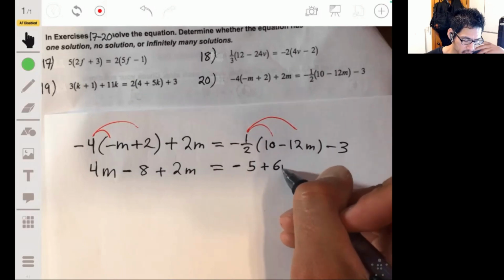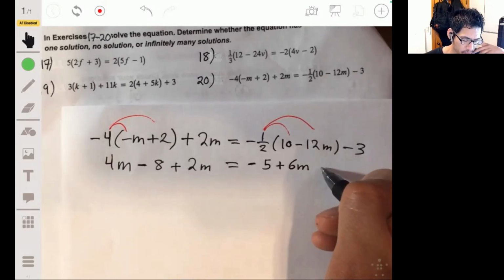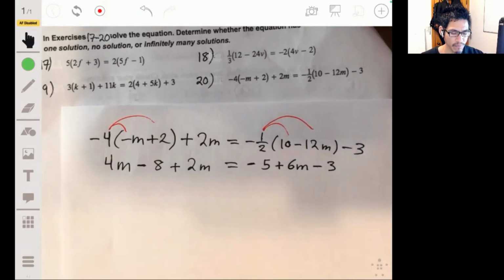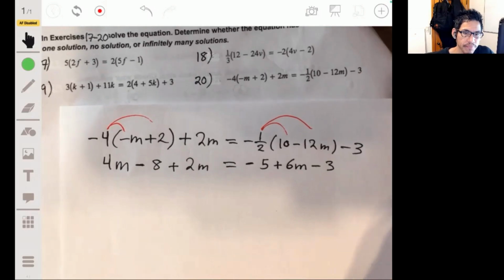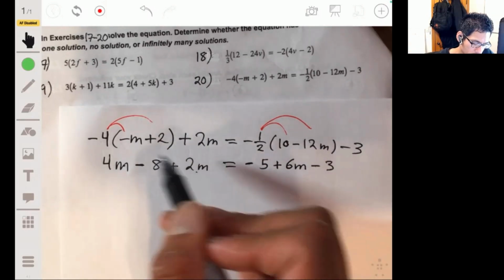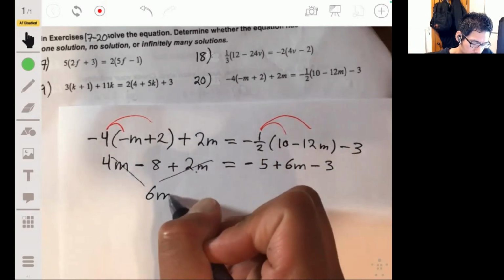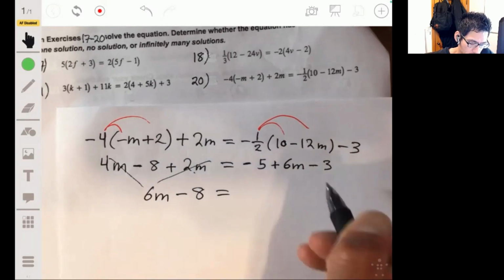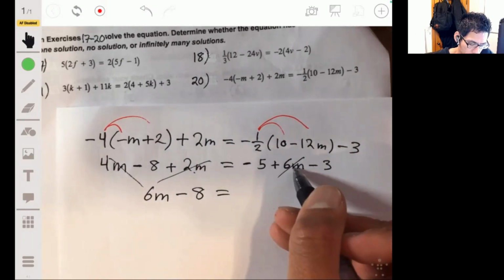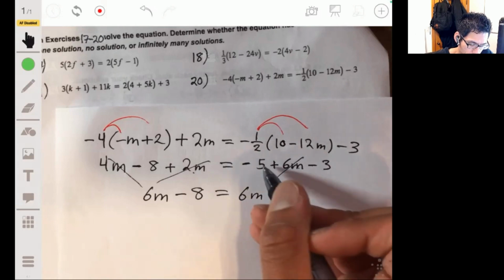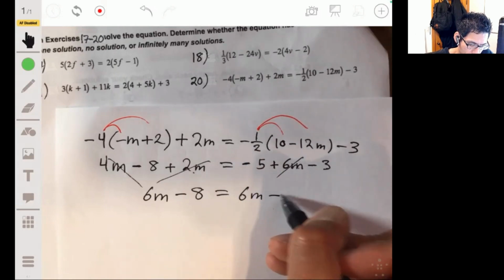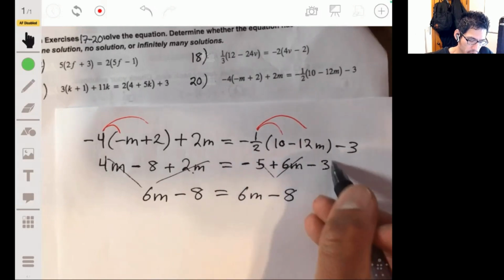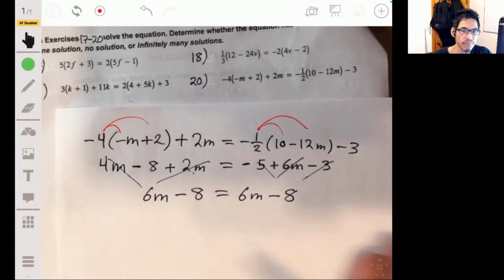So plus 6m minus 3. Yeah? 4m and a 2m, 6m minus 8. Drop the 6m. Negative 5 minus the 3, negative 8. Whoa, what do you notice?